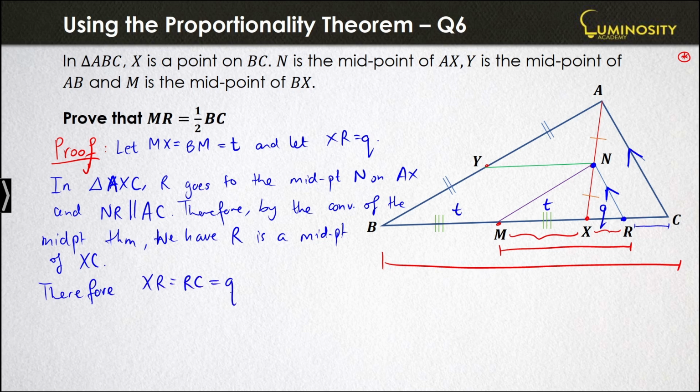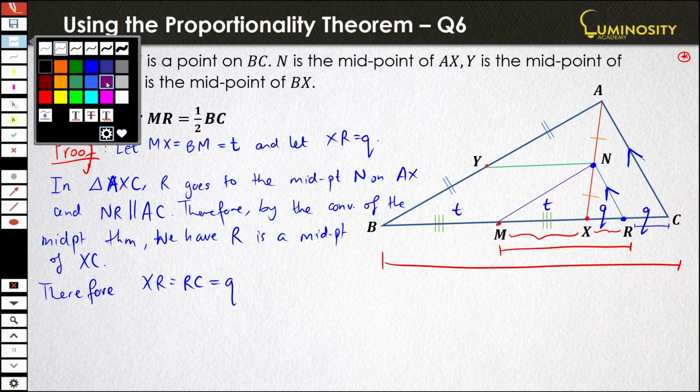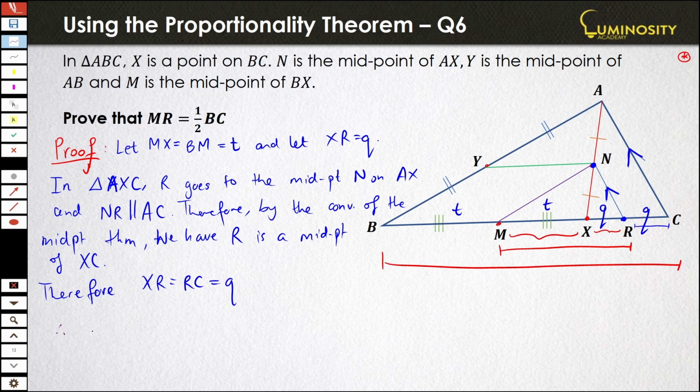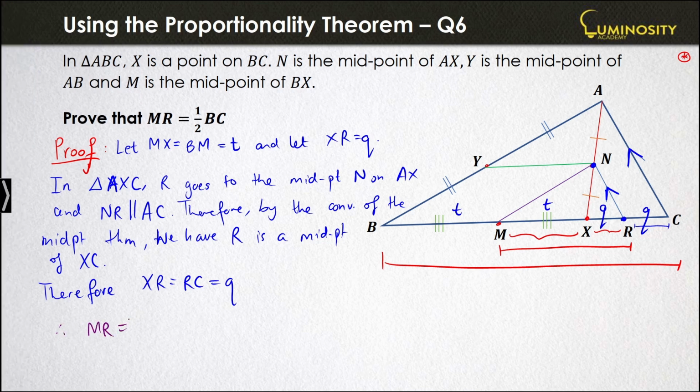But we know XR, we called it q, so that must be q as well. Now let's see what we have as our conclusion. Therefore, MR, this distance here, is t plus q as we've defined it. And half of BC is equal to a half times, BC being essentially these four lines added together, so a half of t plus t plus q plus q.